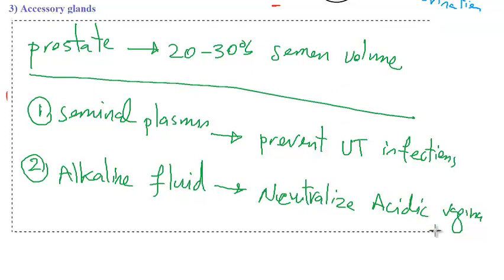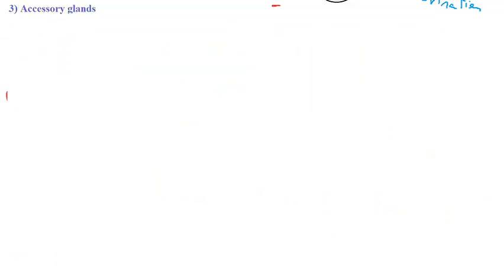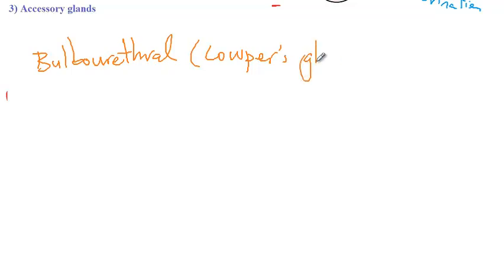All right, so I'm going to erase this and move on with the next gland, which is called the bulbourethral gland, or the other name for which is Cowper's gland.